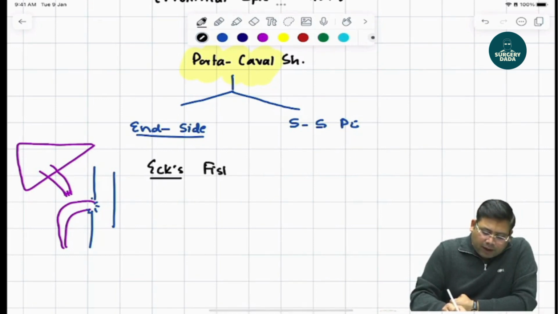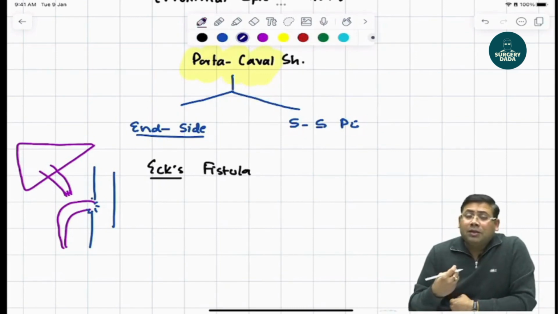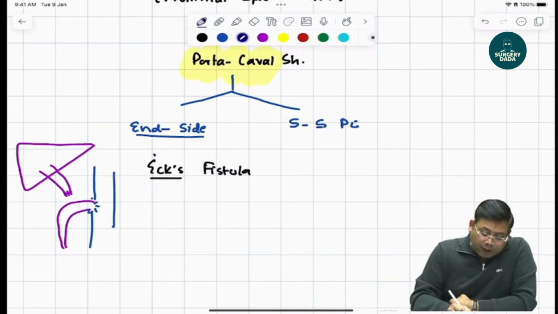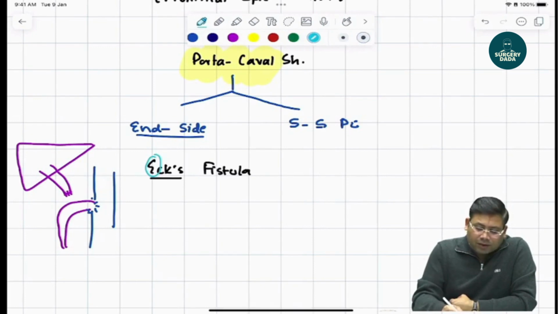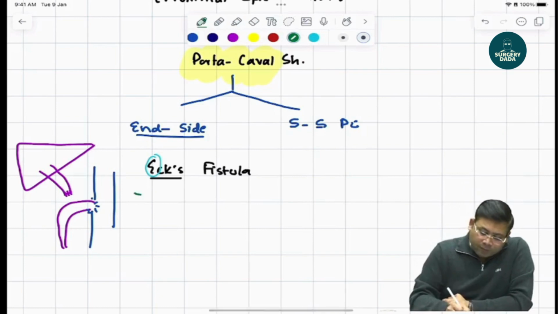Always remember, Eck fistula was the first portal systemic shunt performed, and remember this E, it is reserved for the emergency. It is the shunt of emergency. So whenever we have to do anything for emergency control of the bleeding, this is for emergency. Why is it not a standard procedure?